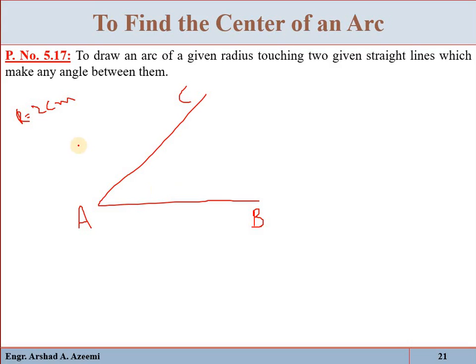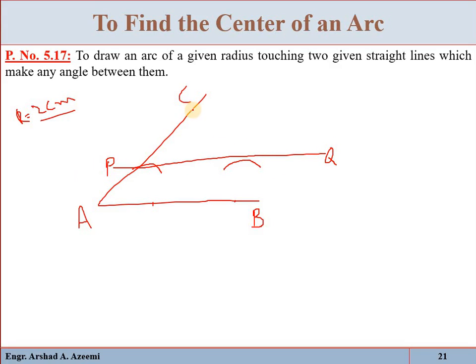Okay, so first at a distance of 2 centimeter, draw a parallel line to AB. So just take here 2 points, and at this point draw an arc at 2 centimeter distance, and from this point draw an arc at 2 centimeter distance. Draw a line. So see, for example, this PQ line is parallel to AB.